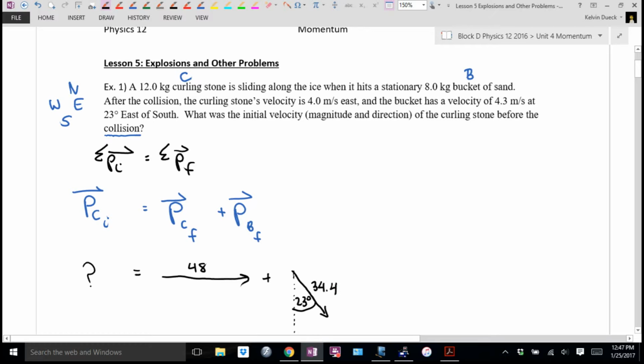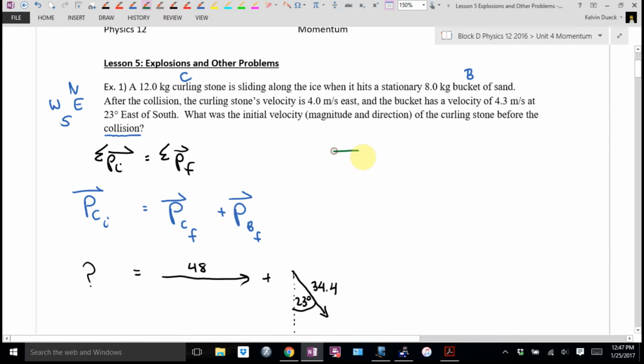Now, from lesson 3, a couple lessons ago, the reason number 1, the first question, was so tough, there I gave you this vector, I didn't tell you anything about this vector. Here, even though I don't know anything about this vector, I do know the two vectors that I'm adding together, and how will I add them together? Draw them. So you ready? It's going to look like this.